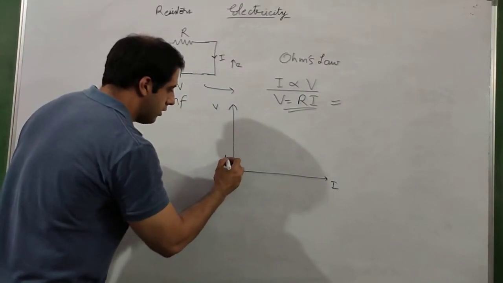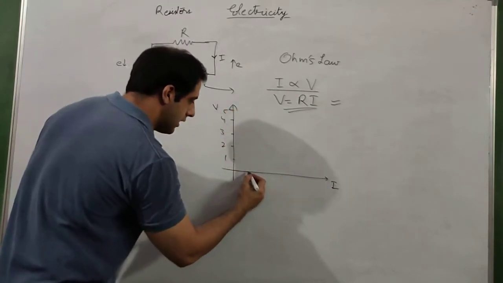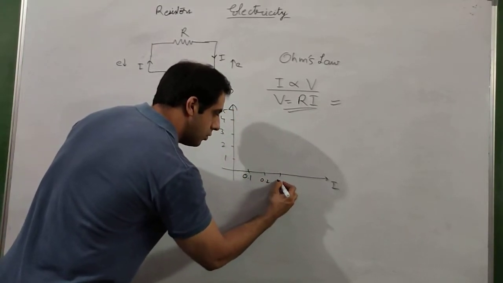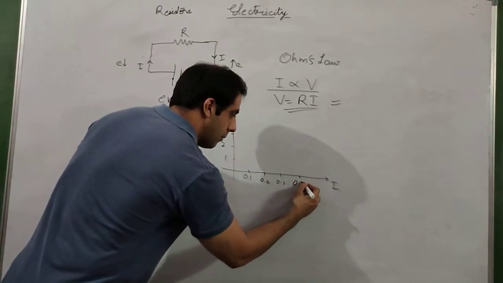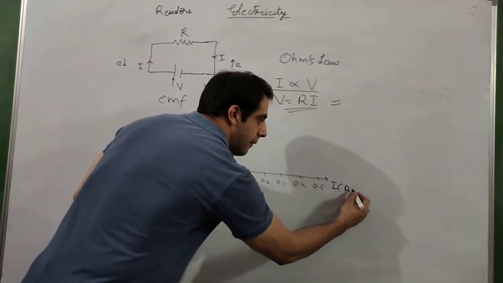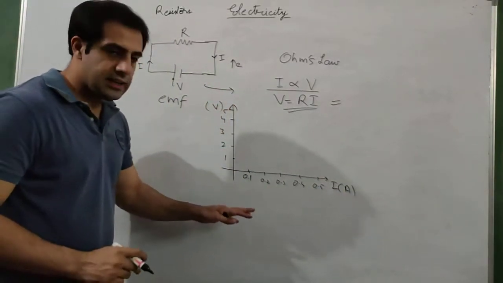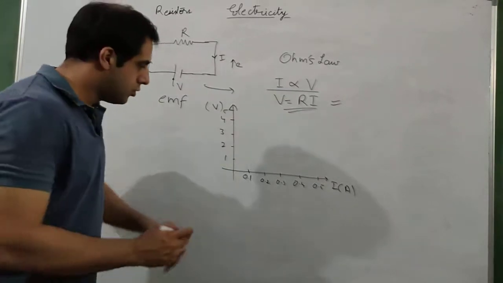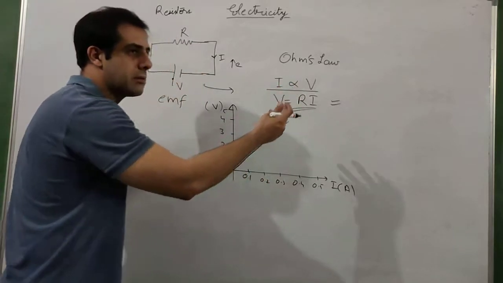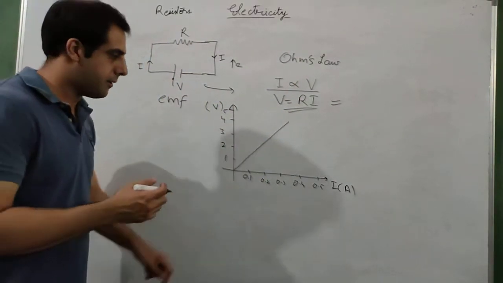Suppose we have here 1, 2, 3, 4 and 5 volts, and here we have 0.1, 0.2, 0.3, 0.4 and 0.5 amperes. Current is in amperes, potential is in volts. If this relation is true, then we will get a straight line, because the graph of a directly proportional relation is a straight line.